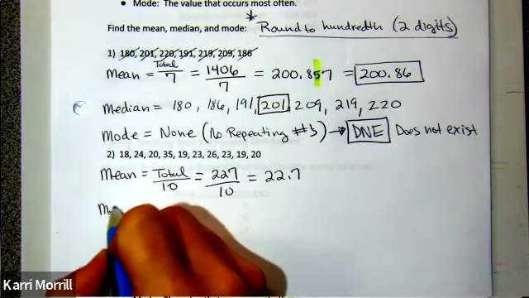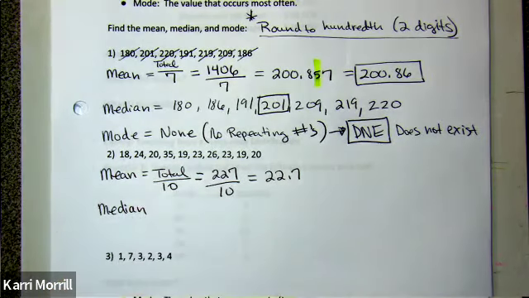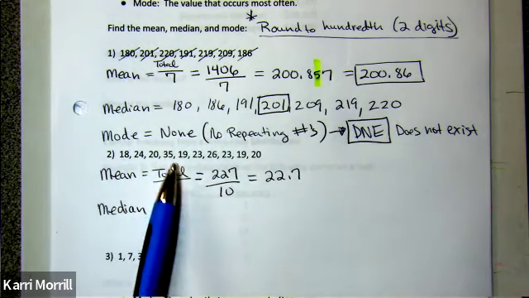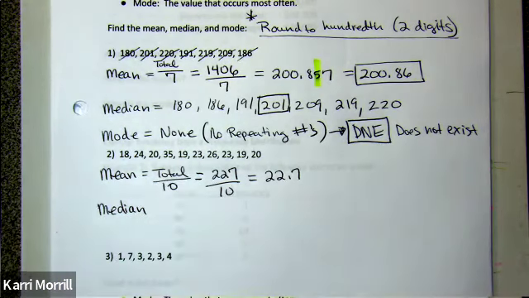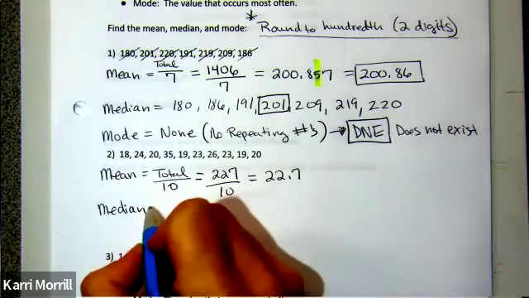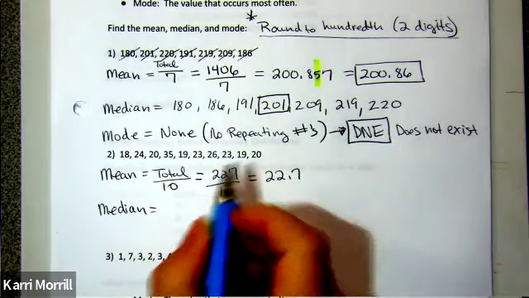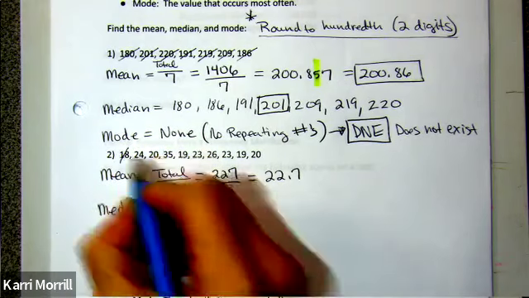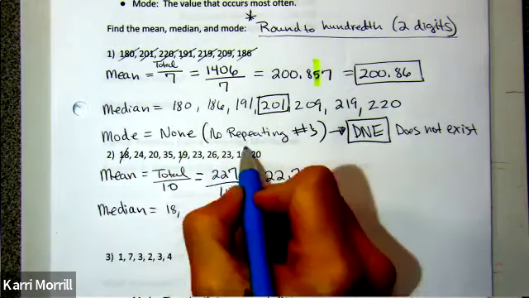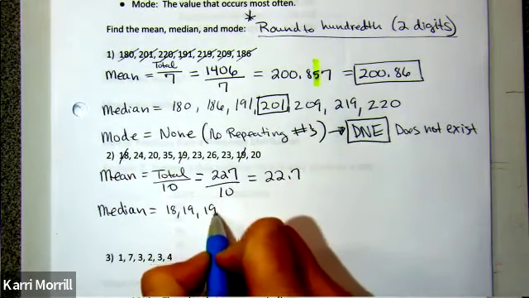Our median, there are 10 digits, so we do need to put this in order from least to greatest. You can't just pick the middle 2 numbers in the order that it's given because it's random. So we need to put it in order. I think 18 is the smallest. And then we have a couple 19s.